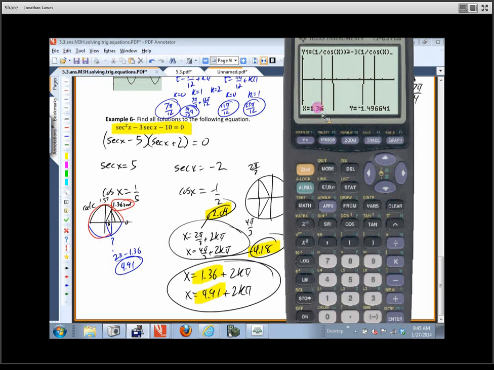Okay, this is really steep, so let's be a little bit more accurate. Let's do calculate. I'm going to do an intersection. Okay. I'm going to do a 0.35 and 1.37.